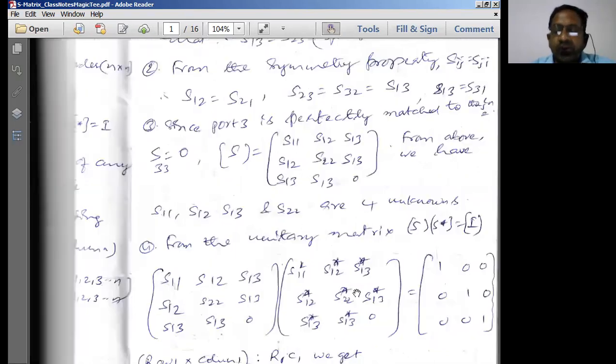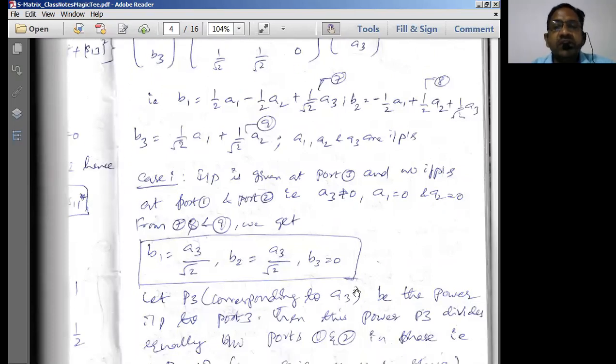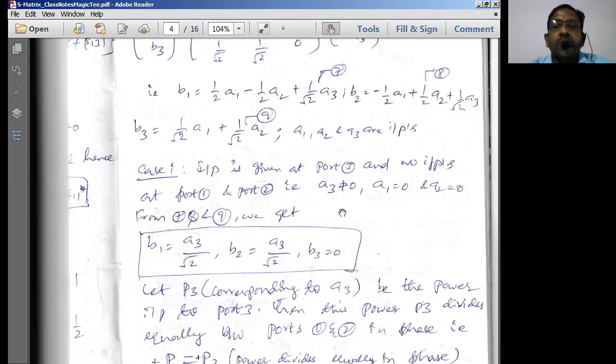When input is given to port 3 but no inputs are given to port 1 and port 2, what do we have? That is case 1: A3 is not equal to 0. That means the input we are applying at port 3 we can consider as A3, and inputs A1 and A2 will be equal to 0. So wherever you have A1 and A2 in the above equation 7, simply substitute A1, A2 as 0.